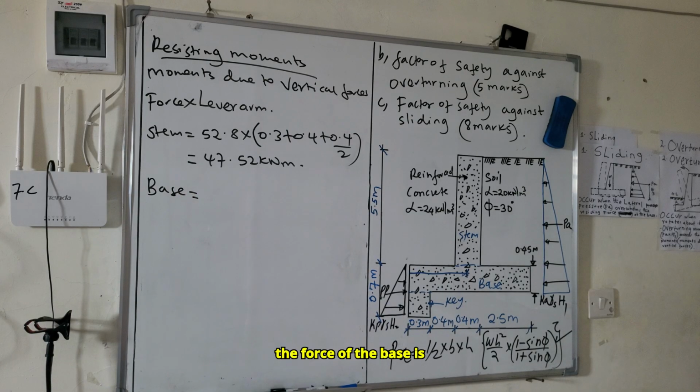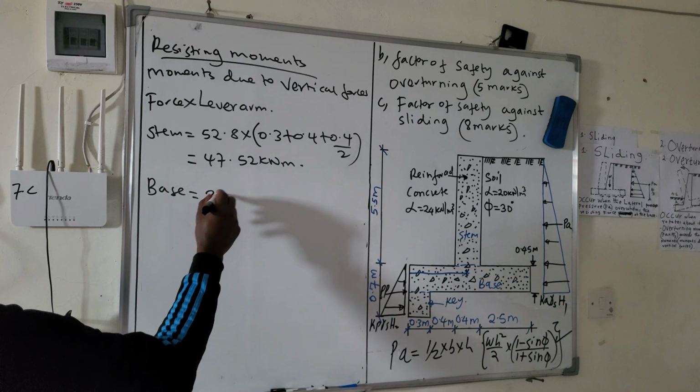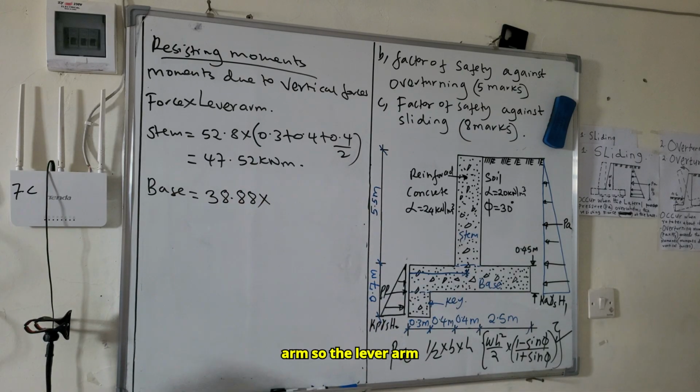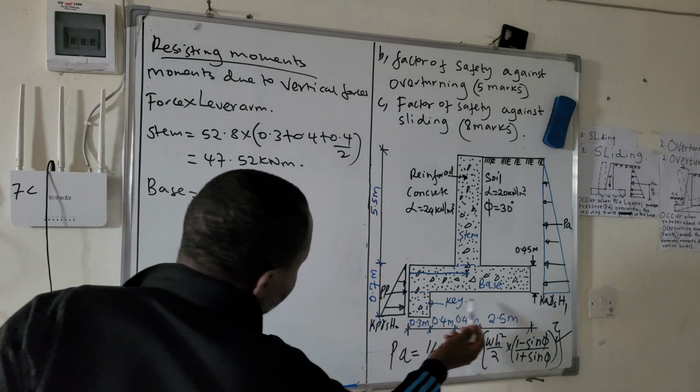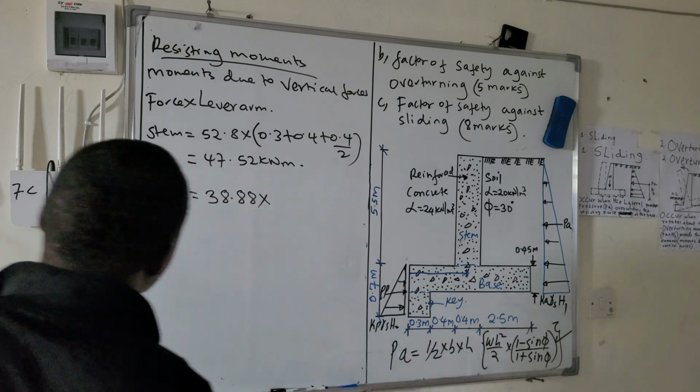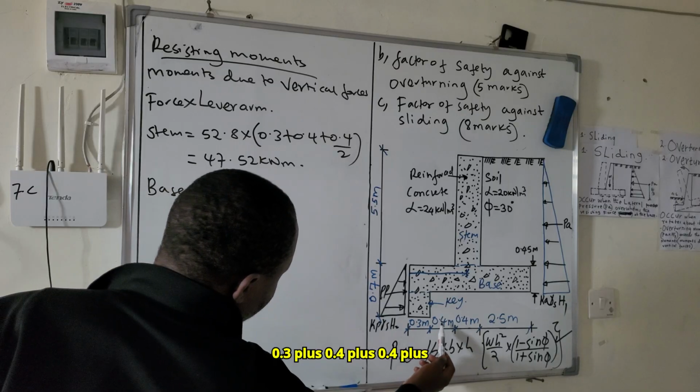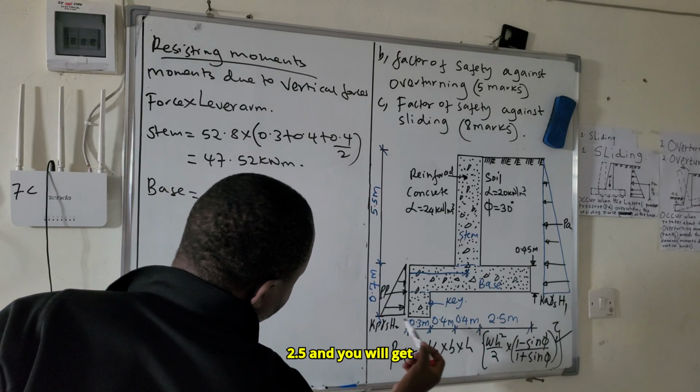We proceed to the base. The force of the base is 38.88 times the lever arm. So the lever arm is a half of the distance of the base. So it will be 0.3 plus 0.4 plus 0.4 plus 2.5, which is 3.6, over 2.